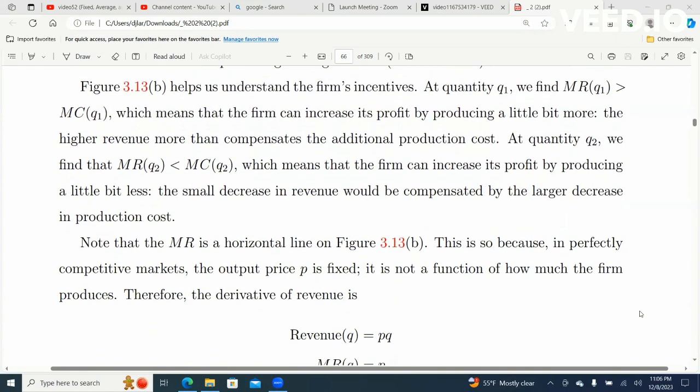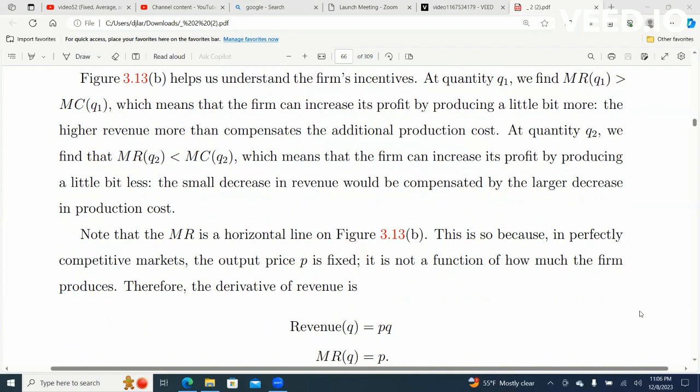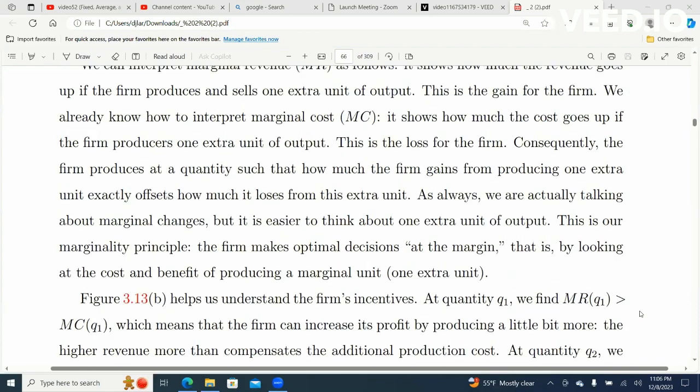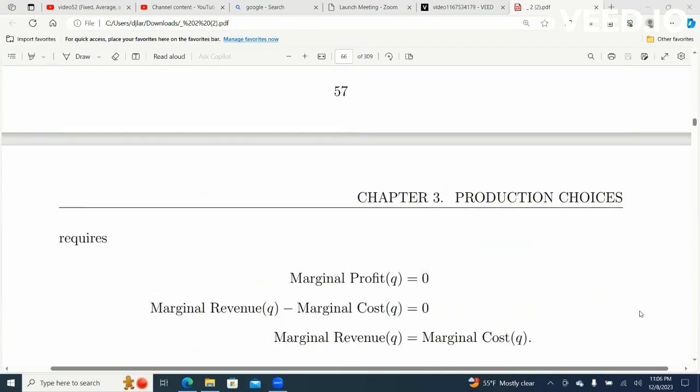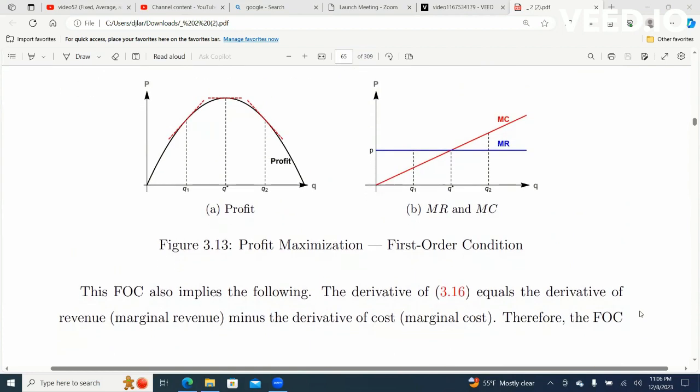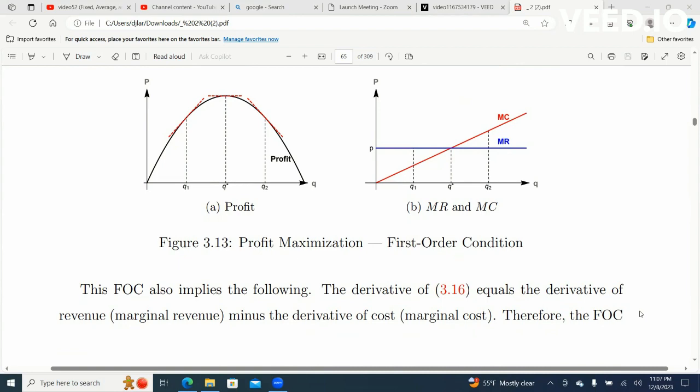Figure 3.13b helps us understand the firm's incentive. We can go on in detail, but it's pretty obvious. We don't want to be to the right of Q star. To the right of Q star, the marginal cost is higher than the marginal revenue is.